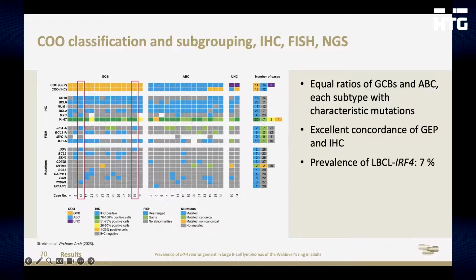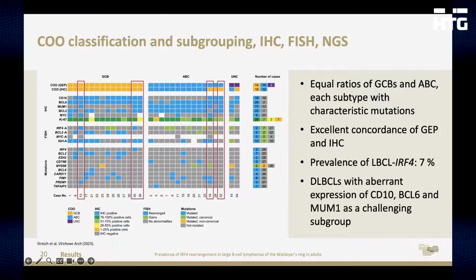However, only 3 of those cases were classified as GCB by gene expression profiling, excuse me. Both cases of large B-cell lymphomas with IRF4 rearrangement were to be allocated to this group. And in one of those cases with a mismatch in the COO classification, a canonical MYD88 mutation could be detected, shown in green on the right-hand side.